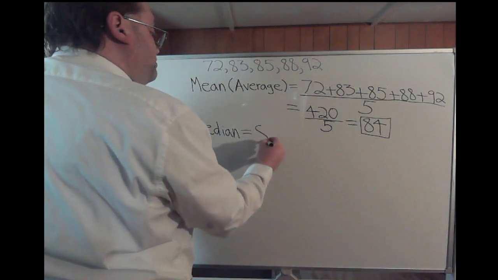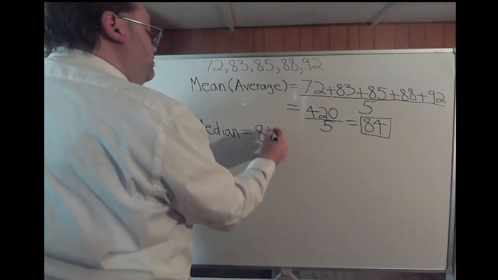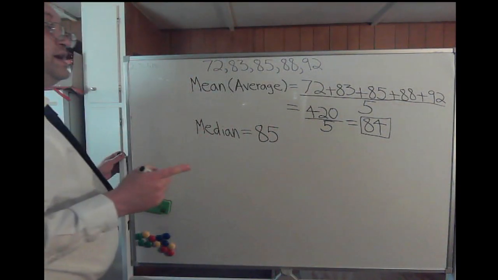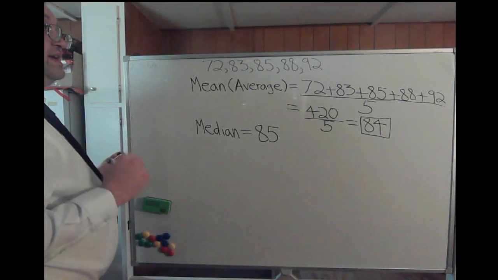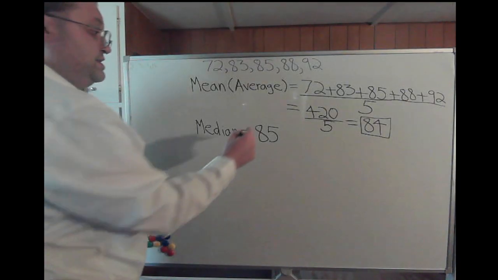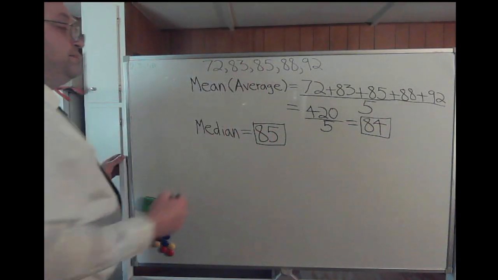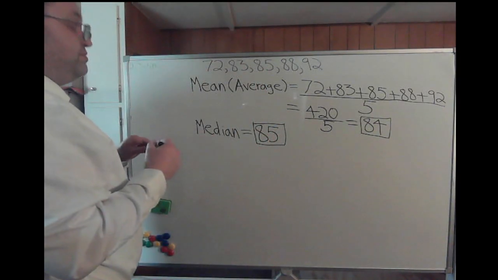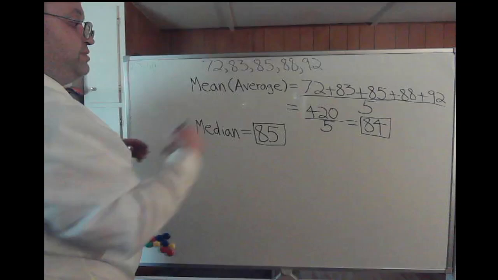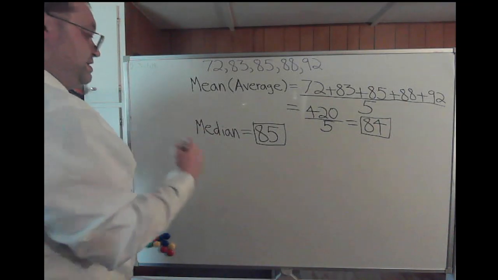That's why it's important to write these numbers in numerical order, because if you don't, you could get skewed results and get the wrong answer, which you don't want. So the median is going to be 85. That is your middle number. Since there's 5 numbers, it's literally going to be the third number. The middle number will be your median.